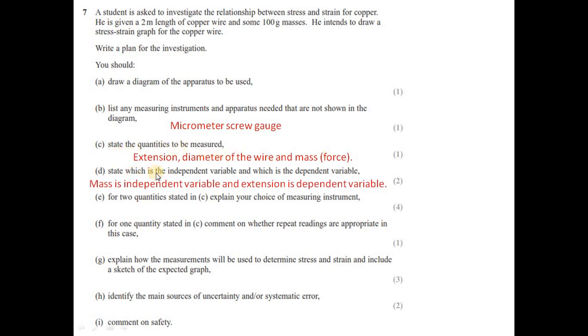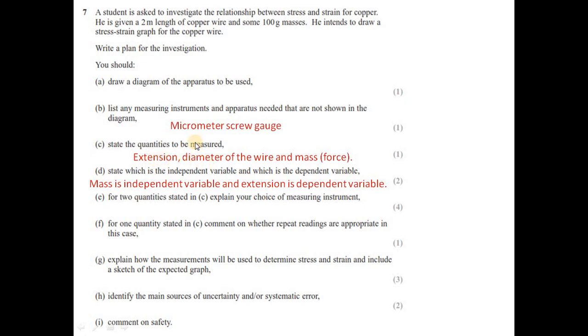Part D, state which is the independent and dependent variable. Of course, mass is independent and extension is the dependent variable. For two quantities stated in C, explain your choice of measuring instrument. So we are measuring extension and we are measuring diameter. For extension, we are going to use a meter rule because of its precision, which is 0.1 centimeter, and it is appropriate for measurement of extension.